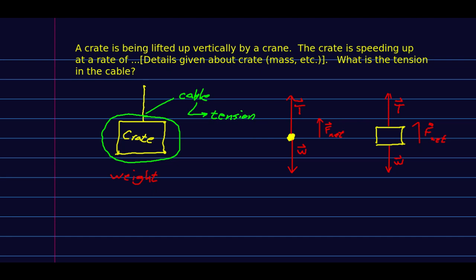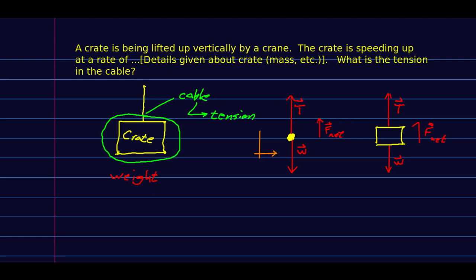There's one last step. We should draw a set of axes somewhere. Now, some people like to put it on the object. Some people like to put it beside. I kind of prefer putting it beside because I find it gets in the way of all these other arrows we've already drawn.